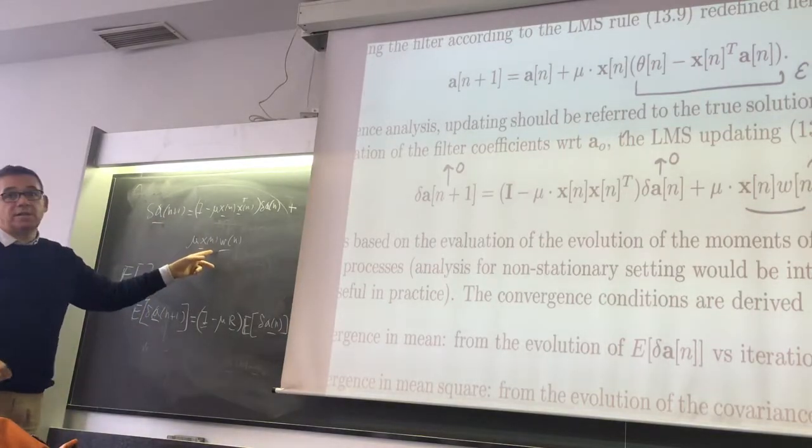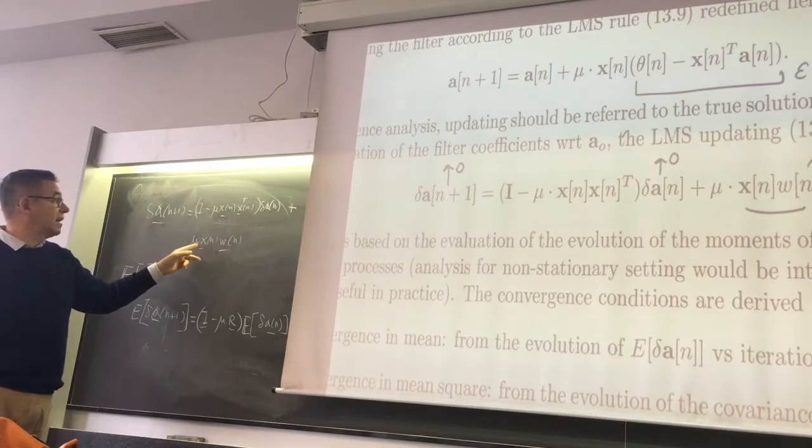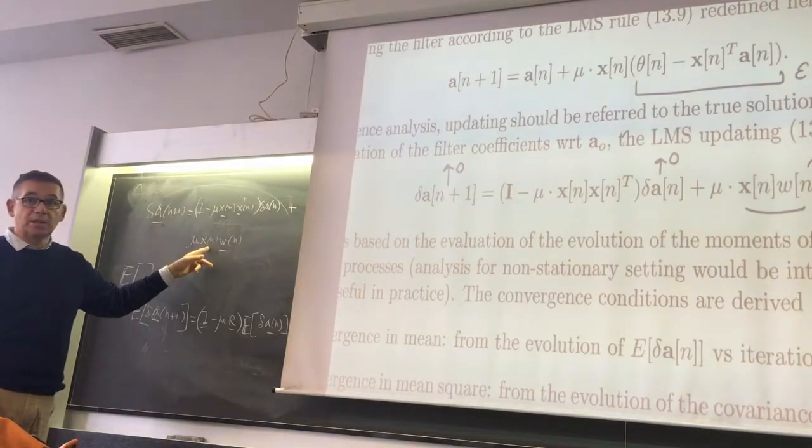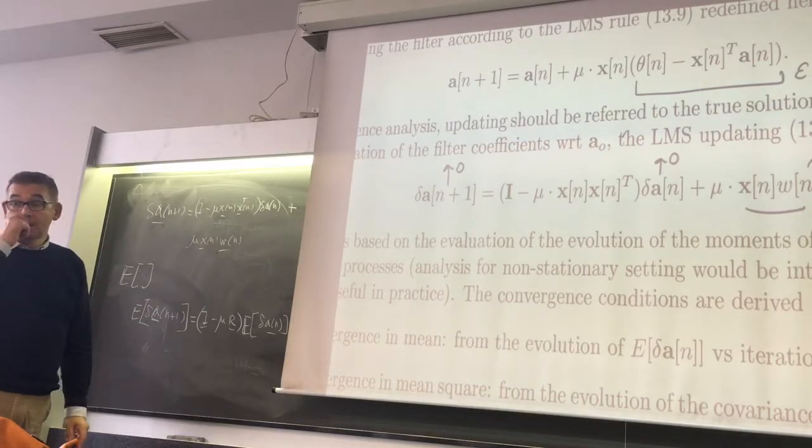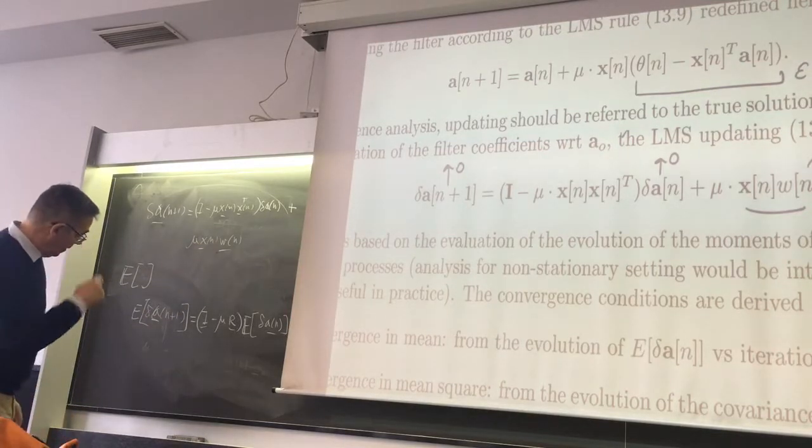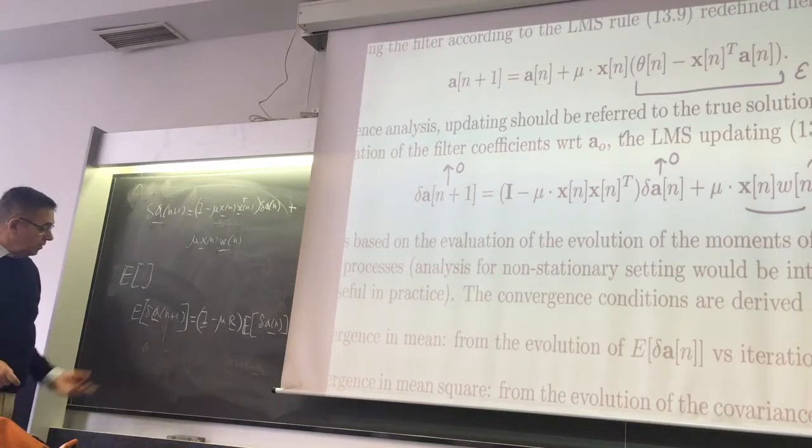The expectation of the cross term is 0 because the noise is 0 mean, X is 0 mean, and the product is 0 because they are statistically independent. If they were Gaussian and correlated, this would be the formula.